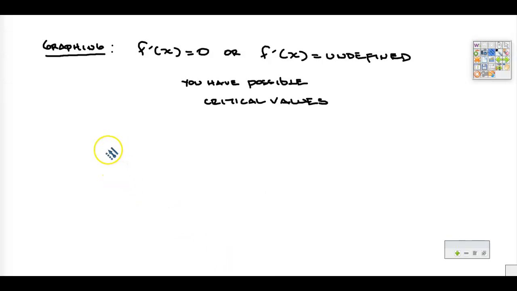So if you were graphing here on a number line, what does the first derivative represent? It represents the slope of a tangent line. And if the slope of the tangent line is equal to 0, then that's illustrating here that the tangent line will have a horizontal. So let's just say here you have some parabola.